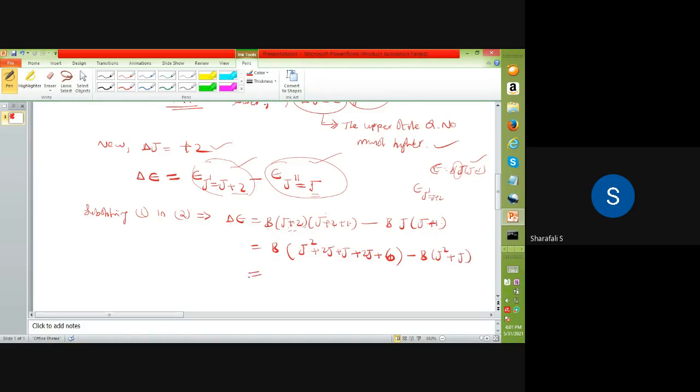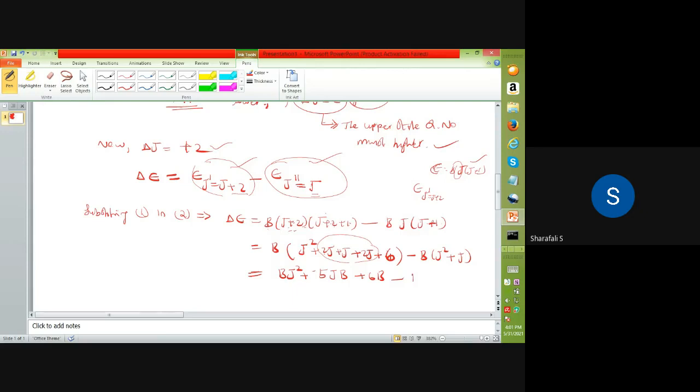So now b into j square is here, b into j square plus b into 2j here, so 2bj plus j. And also we have one 2j here, so here we have total of 5j, 5j into b, and plus 6.